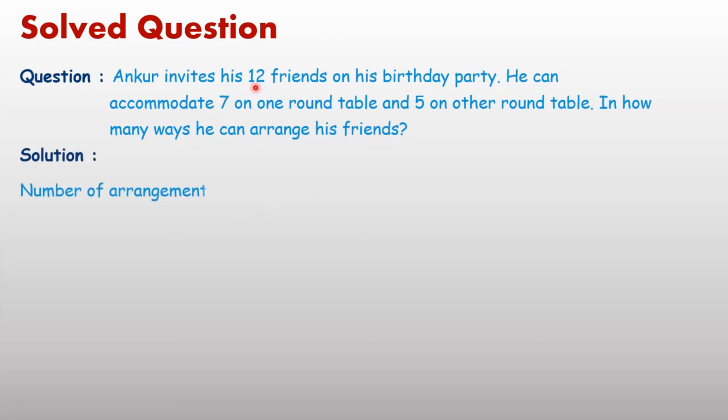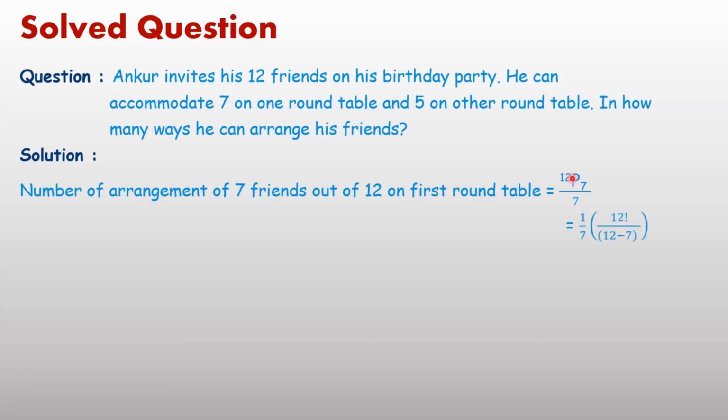Total number of friends is 12. On the first table there are 7 chairs, meaning he arranges 7 students. Therefore, directly you can apply the formula. Number of arrangements of 7 friends on the first table equals 12P7 upon 7.